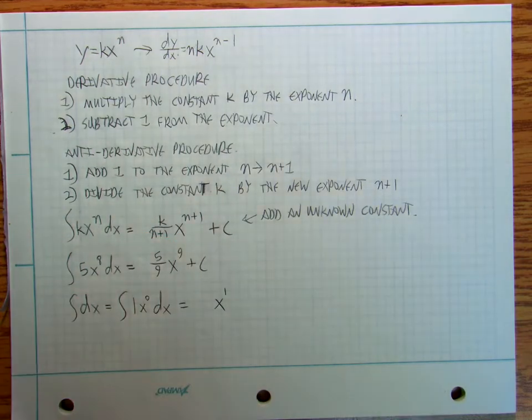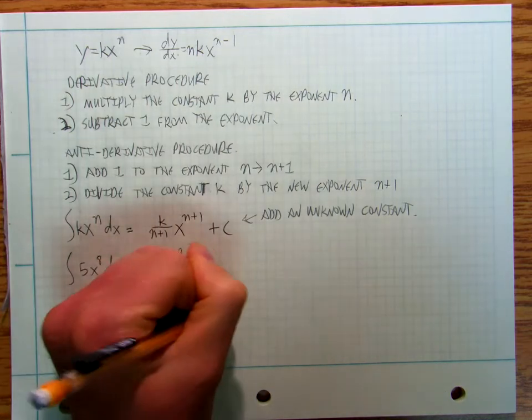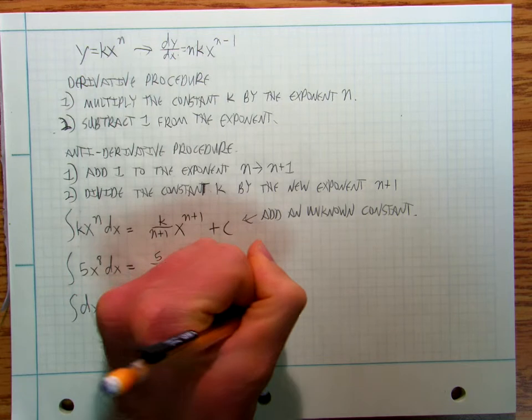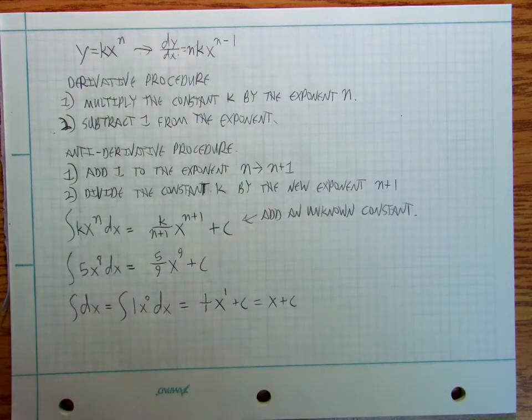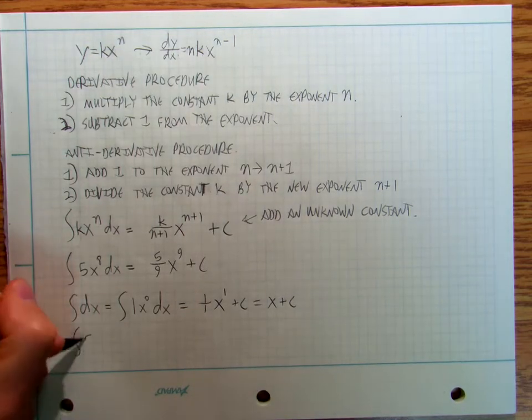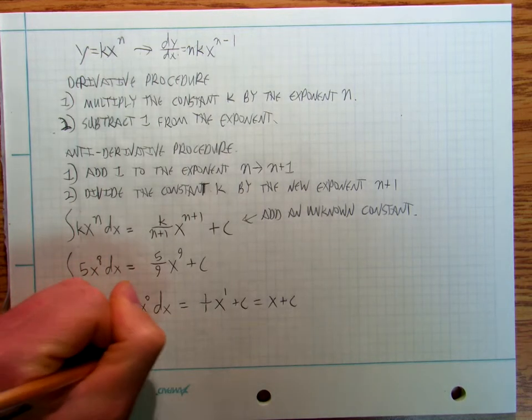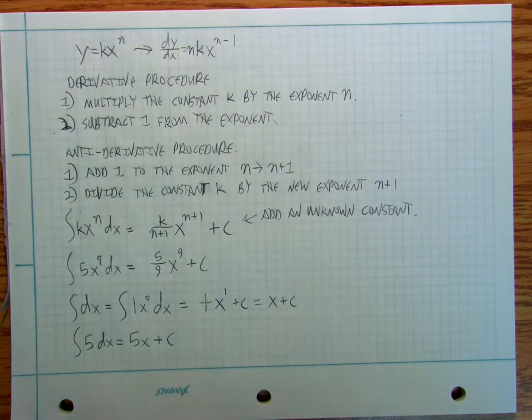My exponent was 0, and I add 1 to it, so I get 1. And then I divide by 1, plus c, so I get x plus c. So the integral dx is x plus c. And similarly, the integral of 5 dx is 5x plus c.